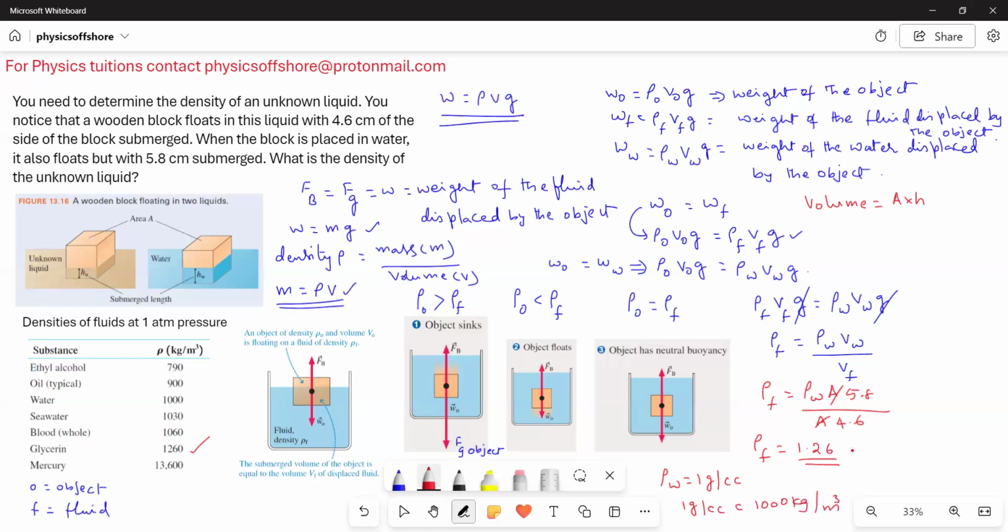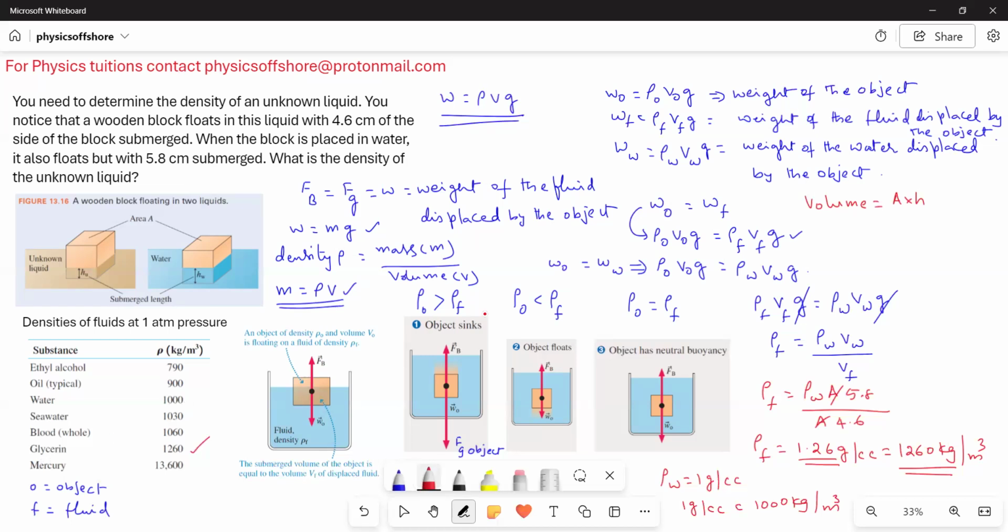So this is 1260 kilogram per cubic meter. That means this is the density of the fluid, and it is nothing but glycerin.